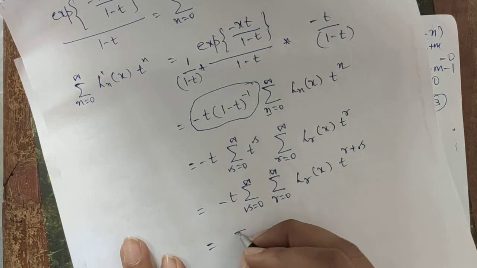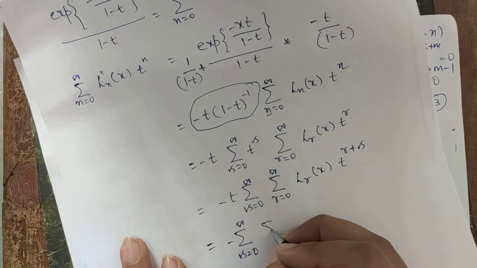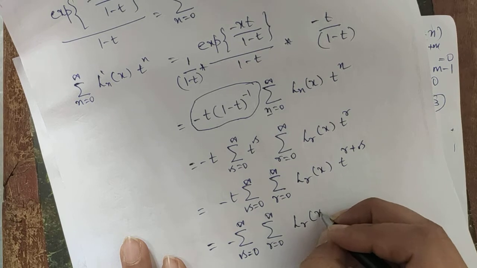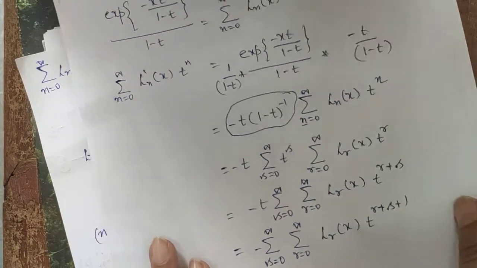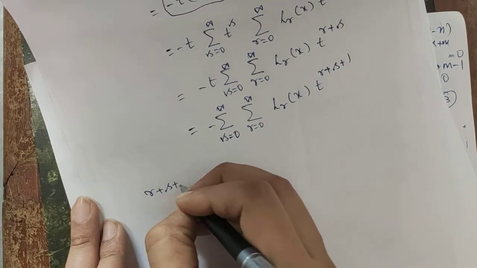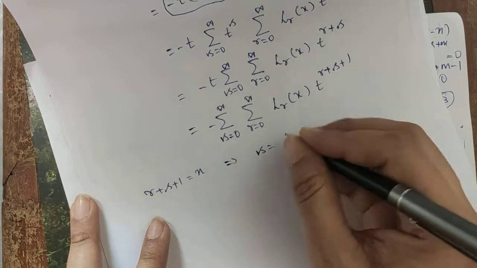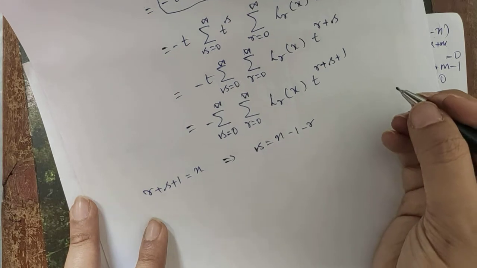Again I can rewrite this as minus summation s equals 0 to infinity, r equals 0 to infinity Lr(x) t^(r+s+1). So now consider r + s + 1 = n. So this implies s = n − 1 − r, right?